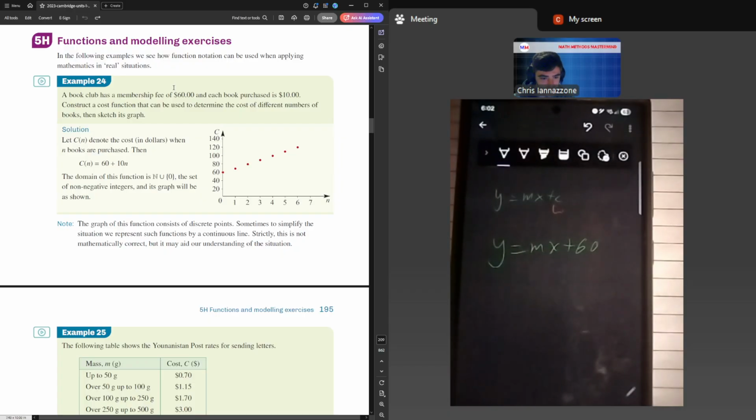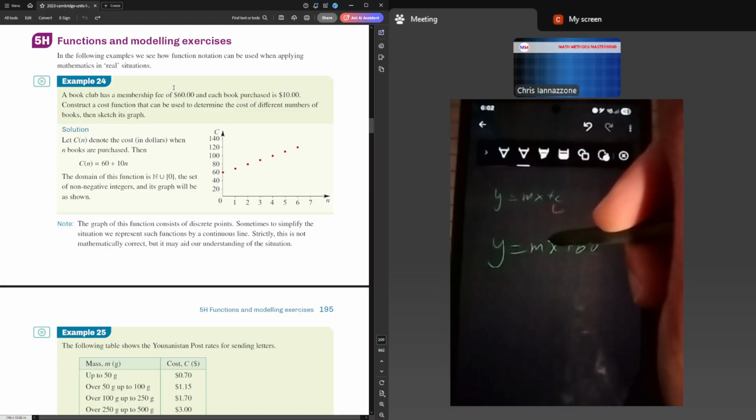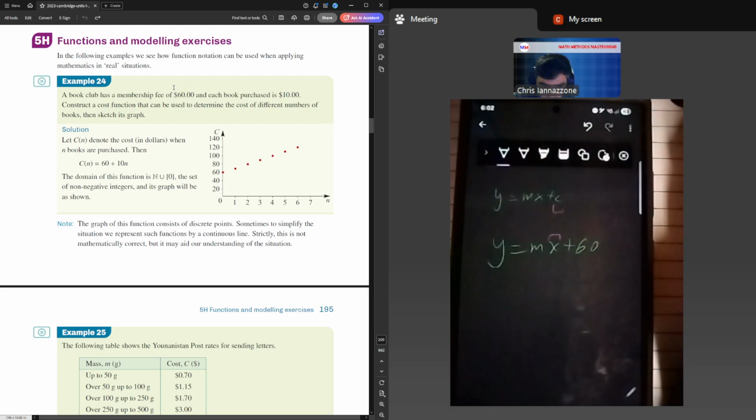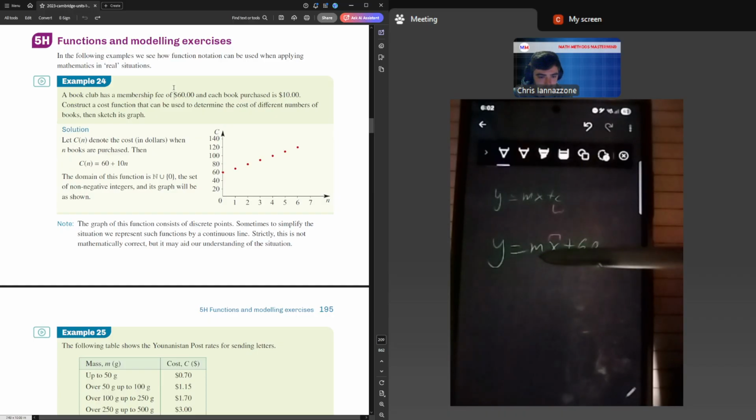We have that $60 fixed fee. Then we're told that each book purchased is $10. And so if our x-axis is representing the number of books, then this variable x is representing the number of books. So if we think about how we would construct this, the coefficient m is a multiplier on the number of books.